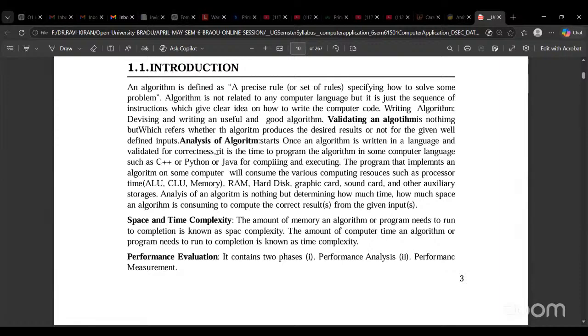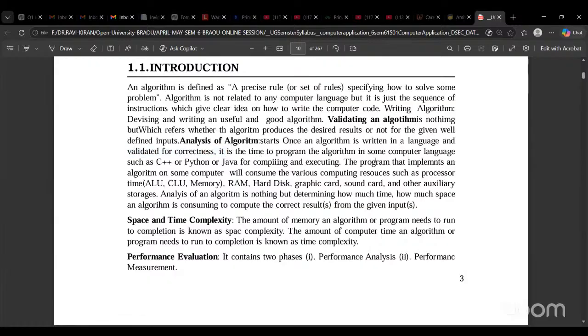So we wrote the algorithm in one language, here it is Java. Now we want to analyze it. We want to validate its correctness.